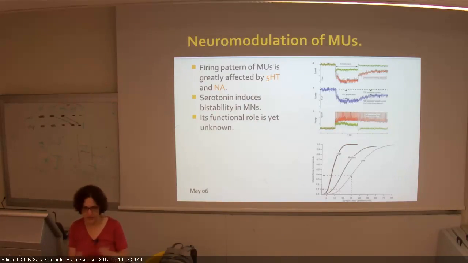Distal muscles. Any other ideas? You think proximal. Why do you think proximal? Because for distal movements we would need more fine control, and also general. Yeah, this is true.